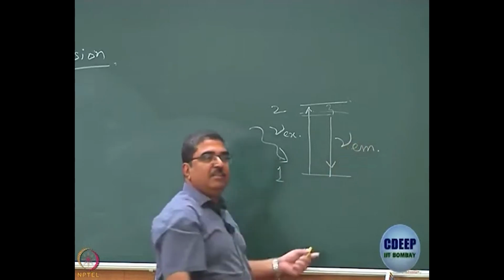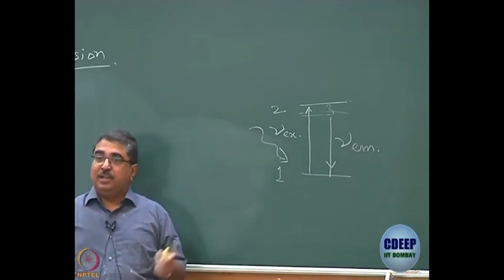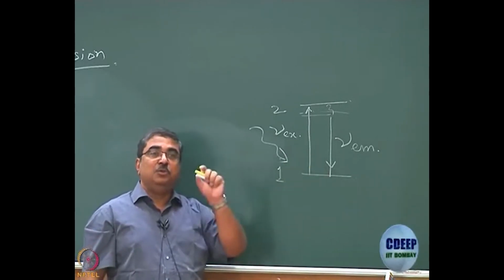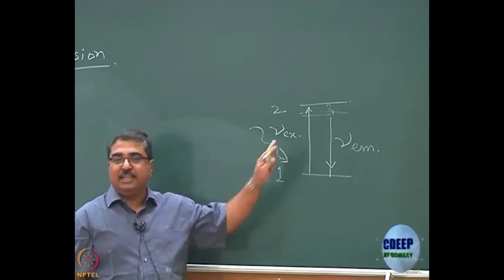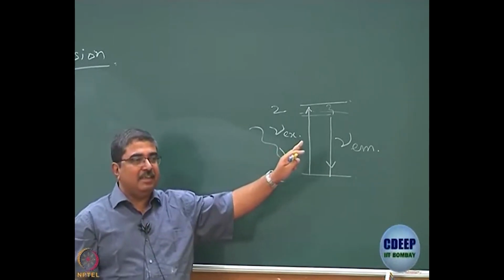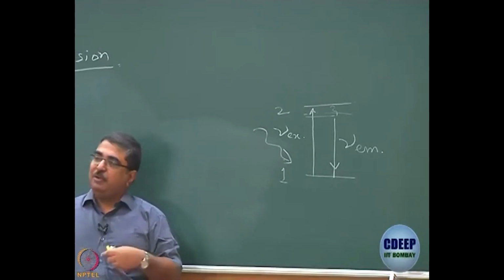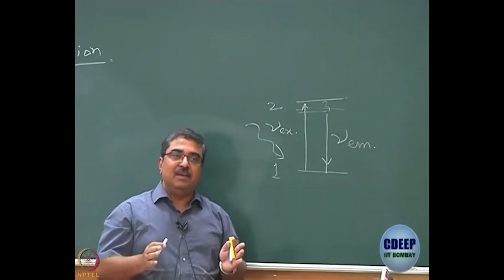If you are more comfortable with lambda, you can use wavelength. It is not enough for me to choose one frequency, I have to choose two, one for excitation and one for emission. I have to excite the molecule by the proper frequency, and I have to record the intensity of the emitted light at the frequency where it emits.